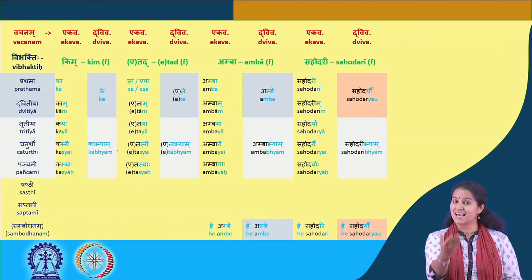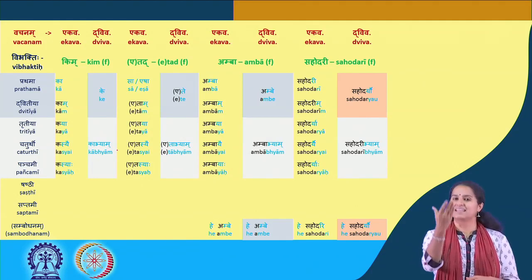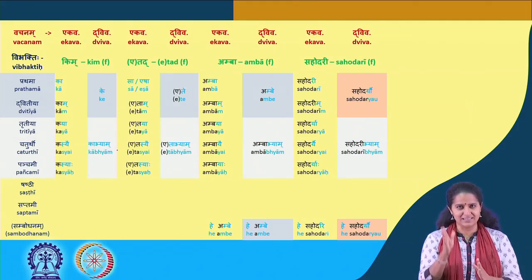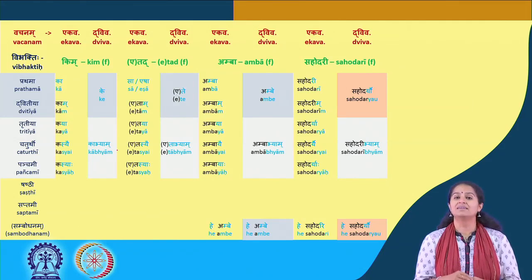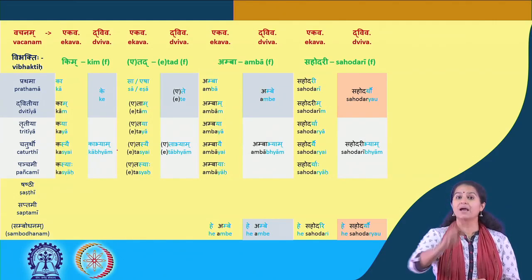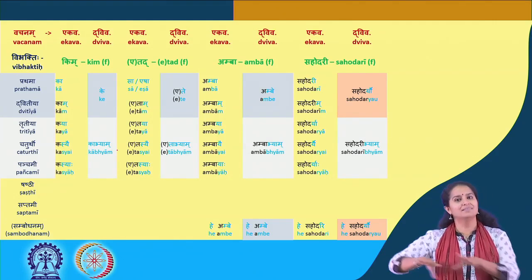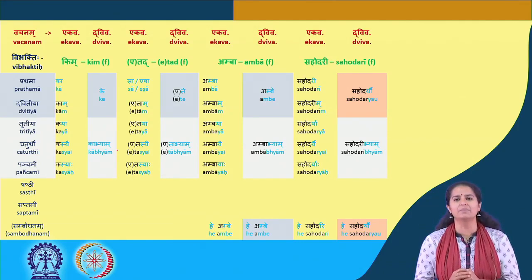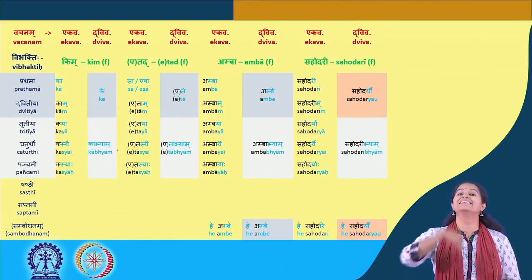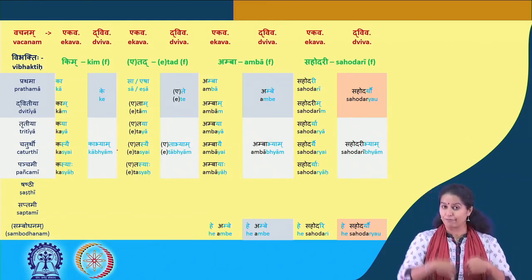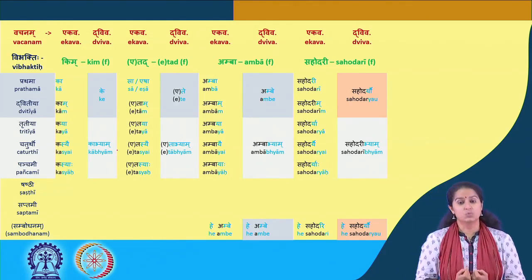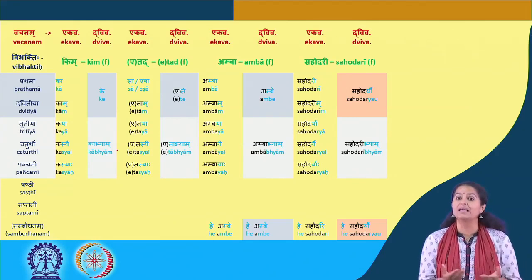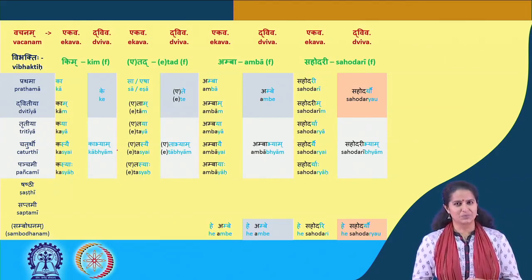Moving on, kasyai dadati becomes tasyai ambayai dadati. We'll keep it till there. And if you do that in the dual, it will be kabhyam dadati, tabhyam ambabhyam dadati. And in the ikara strilinga word, it will be kabhyam dadati, tabhyam sahodaribhyam dadati. Uttamam. And from, so kasyaha swikaroti. In the singular, it will be kasyaha swikaroti.